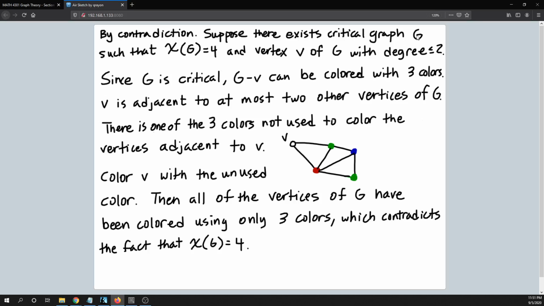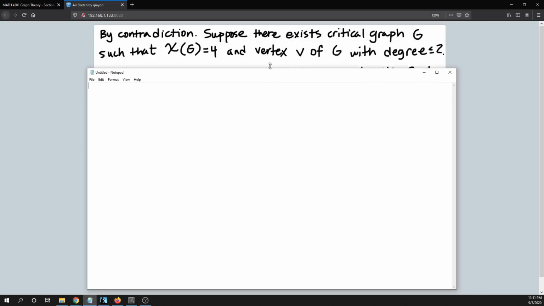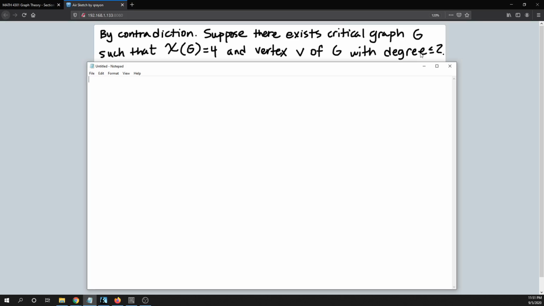So suppose there exists a critical graph G with chromatic number 4 and a vertex V with degree less than or equal to 2.